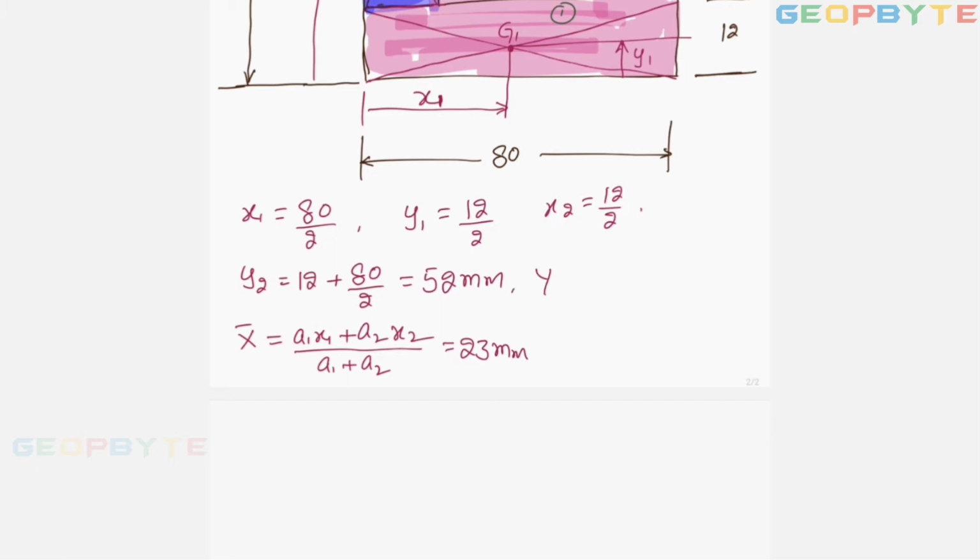Similarly, y bar equal to a1 y1 plus a2 y2 by a1 plus a2. You substitute all the values, because all the values I have written, for getting the y bar as around 29 mm. That is how you can find the x bar and y bar separately for the L section or angle section.